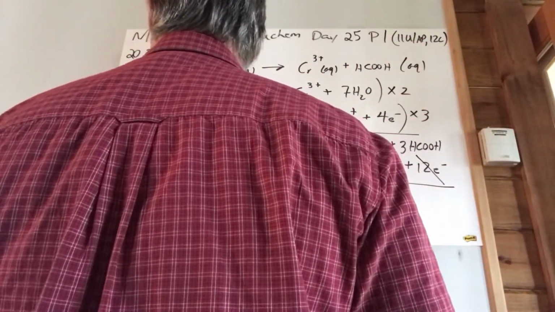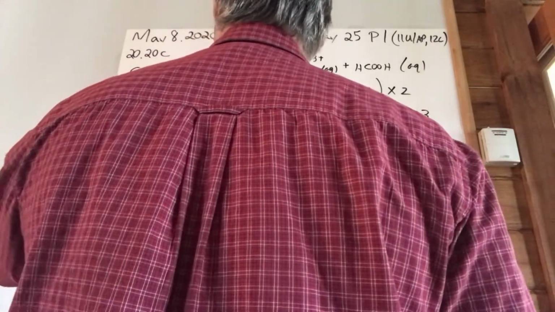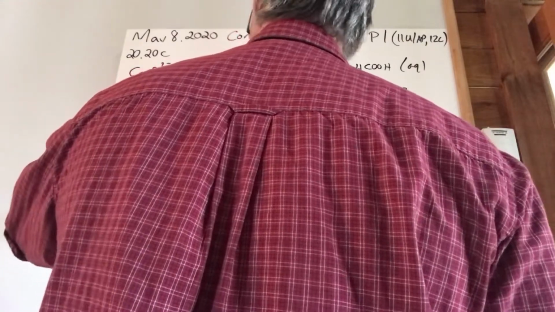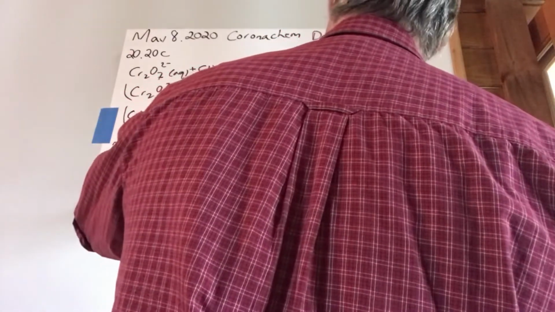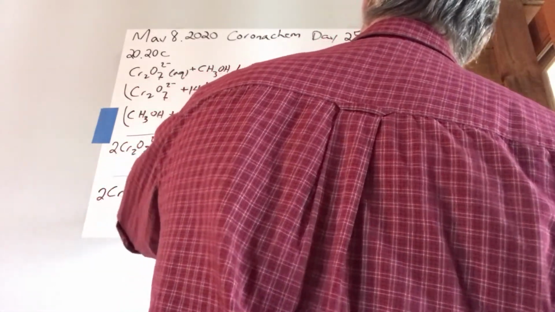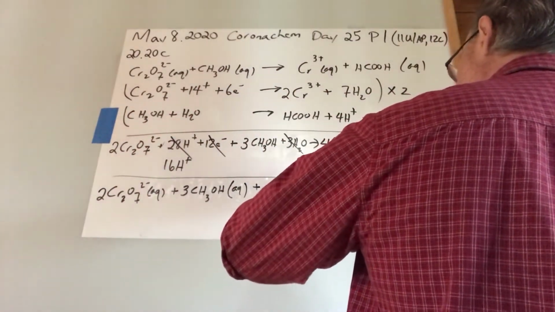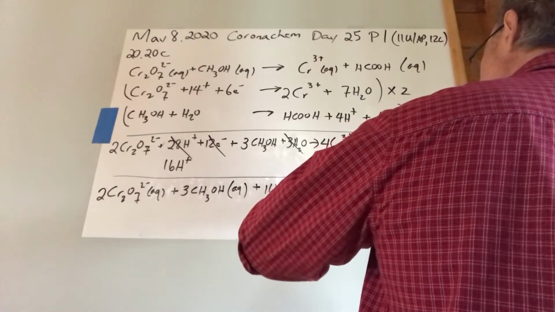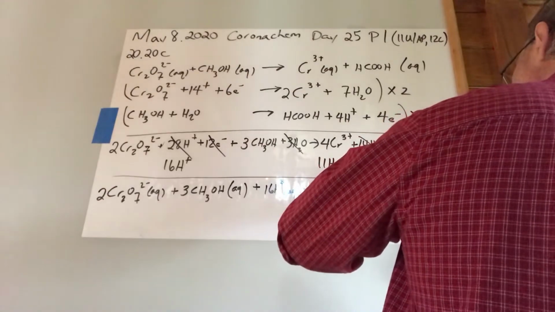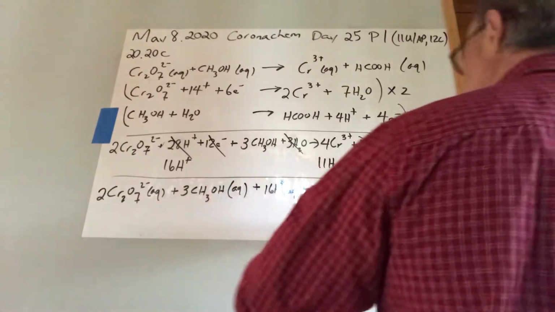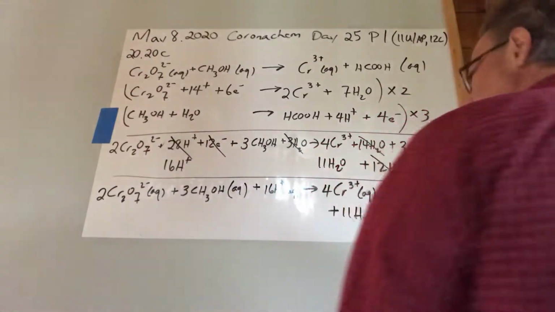2 dichromates plus 3 methanols, it's also going to be aqueous, plus 16 hydrogens, aqueous, yields 4 chromics, aqueous, plus 3 methanoic acids, aqueous, plus 11 water, which would be liquid because it's part of the solution.